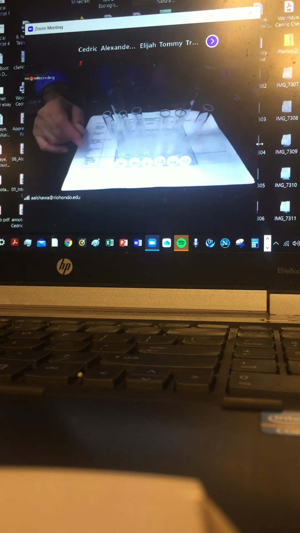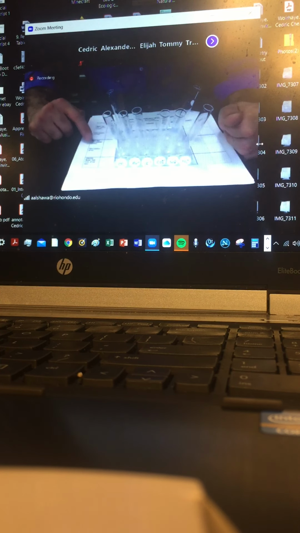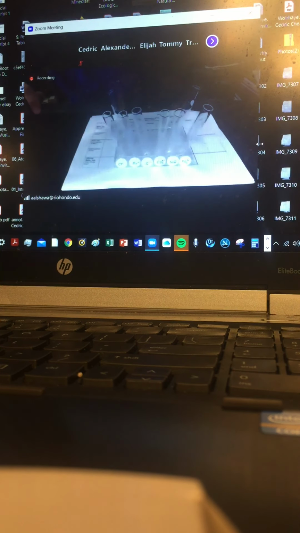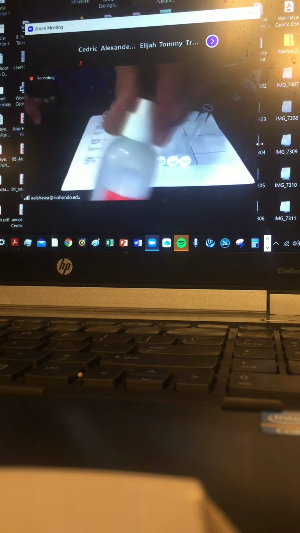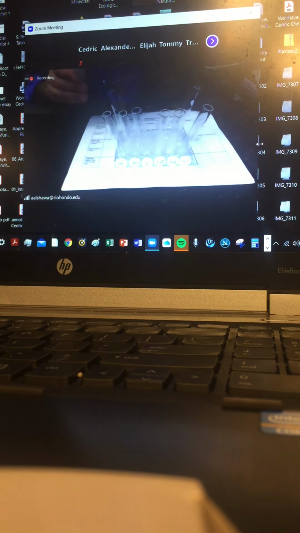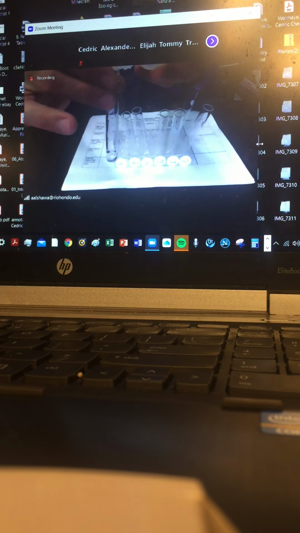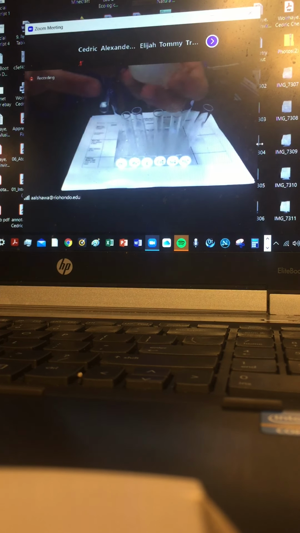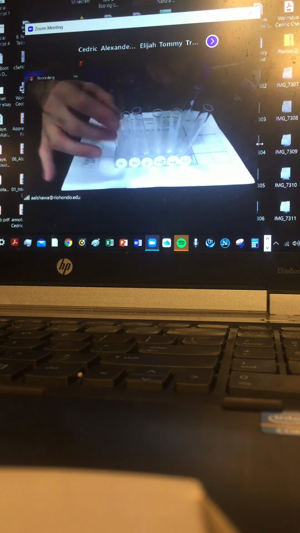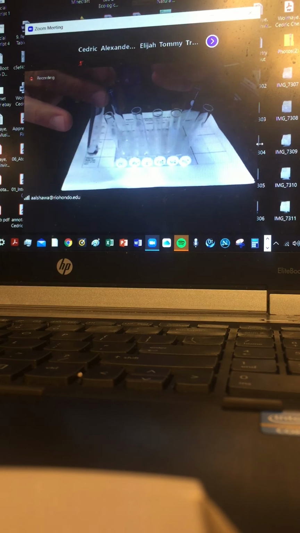So it says here, just add barium chloride. I want to add 2 drops of barium chloride to each. This one has chloride, and look what happened. Barium chloride to the bromide.